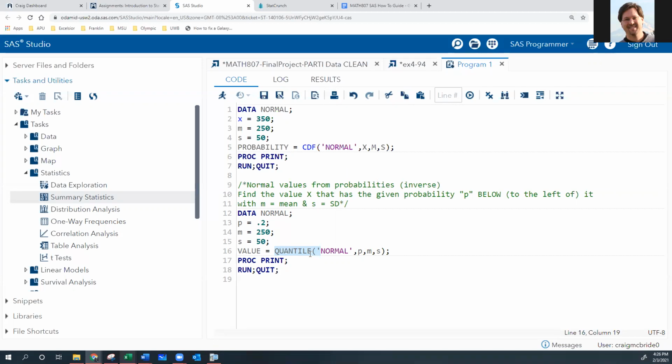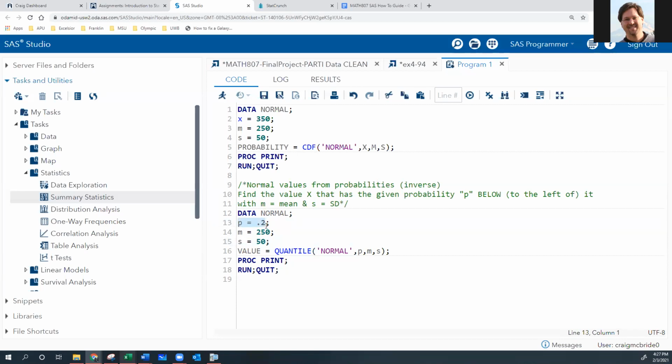Well, what the quantile function does is it goes in the opposite direction. So instead of putting beef into it and spinning the handle and getting a certain type of sausage link, the quantile function says, tell me what kind of sausage link you have, and I'll tell you what kind of meat went into it, right? It goes backwards. Instead of an X value, you give it a probability, a P value, which is the same thing as area under the curve.